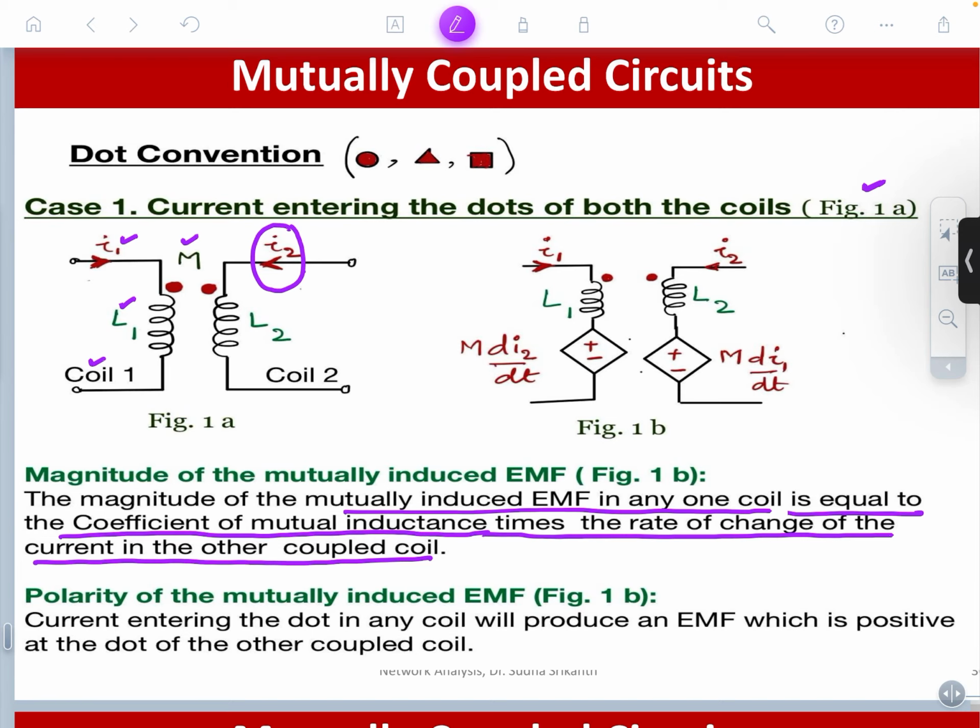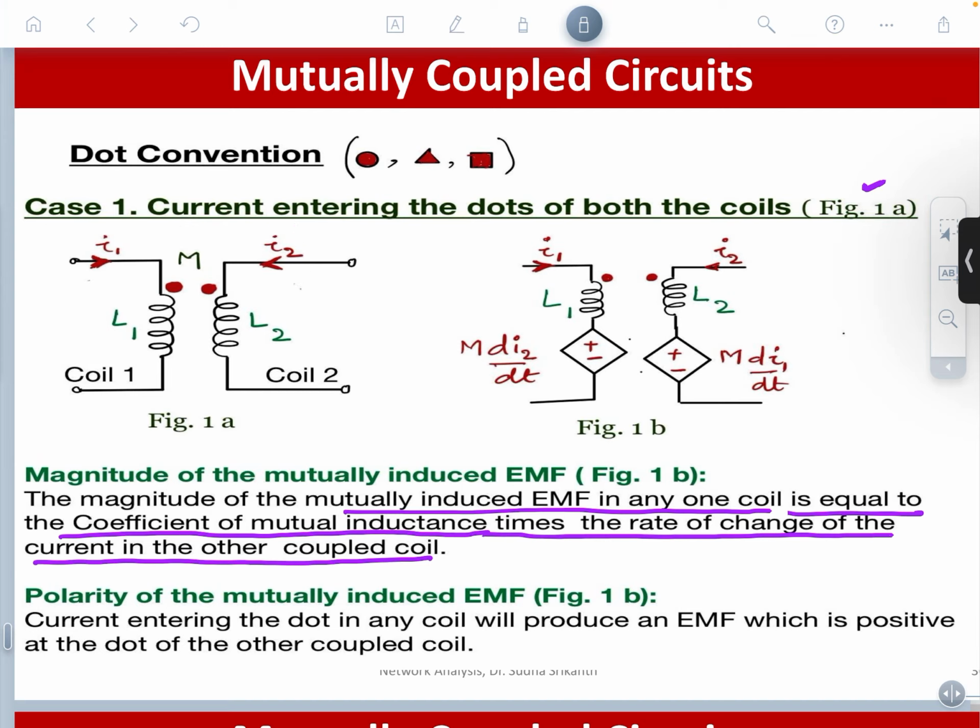So in coil 1, you have a mutually induced EMF due to I2. In coil 2, you have a mutually induced EMF due to current I1. And the coefficient of coupling is M. That is about the magnitude.